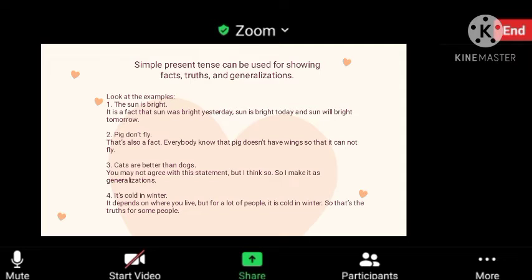You may not agree with this statement, but I think so, so I make it a generalization. And the last, it's cold in winter. It depends on where you live, but for a lot of people, it is cold in winter. So that's the truth for some people, okay?